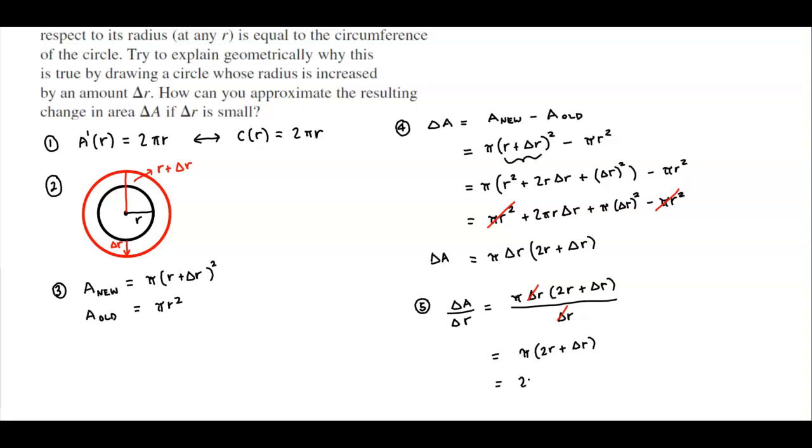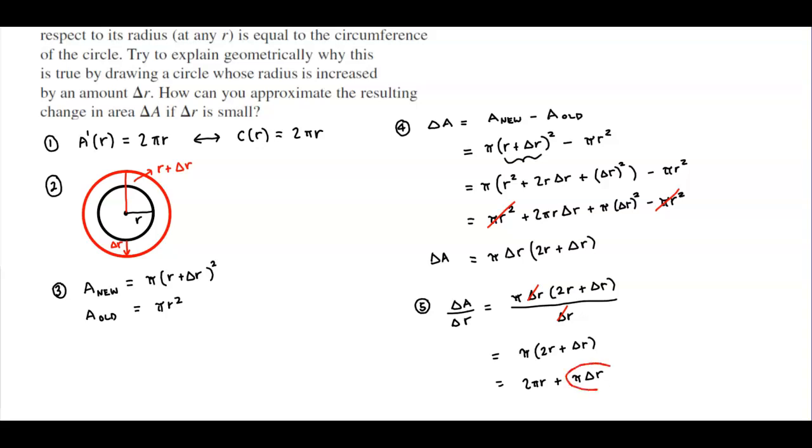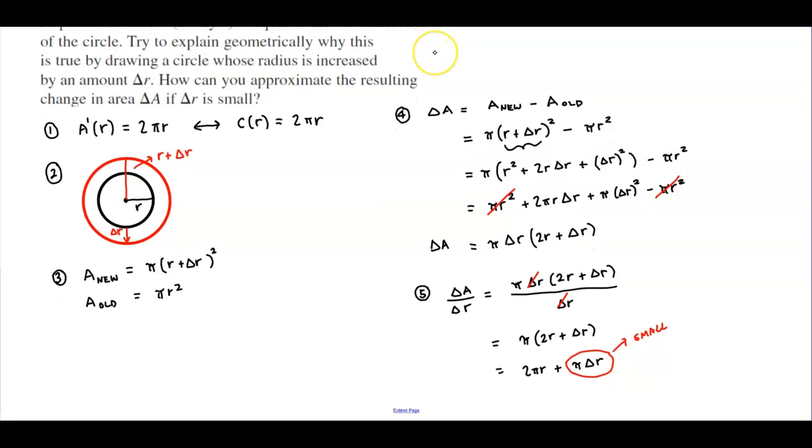If we distribute that, we get 2 pi r plus pi times the change in r. So we can see here that this is a small amount, and because that is a small amount, we end up getting the formula for the circumference of the circle, which is 2 pi r.